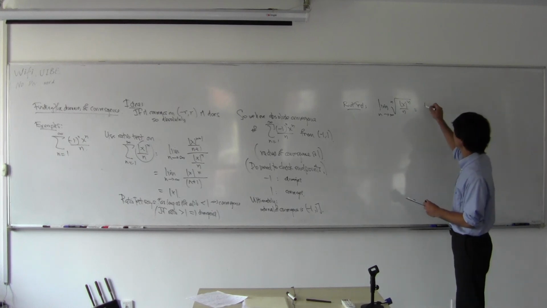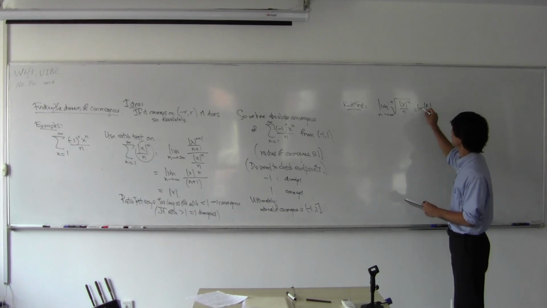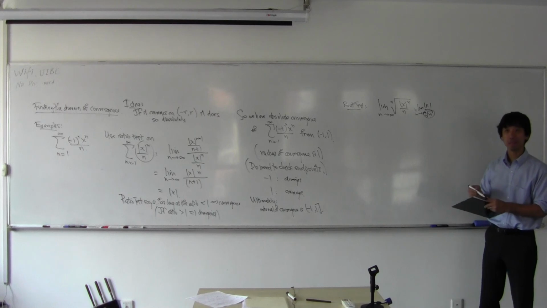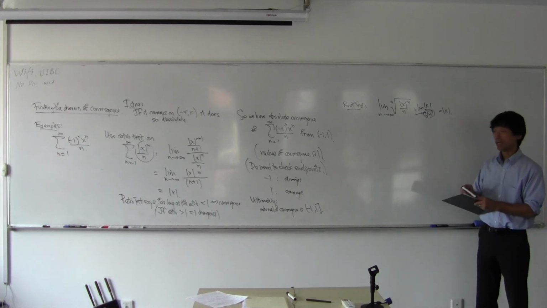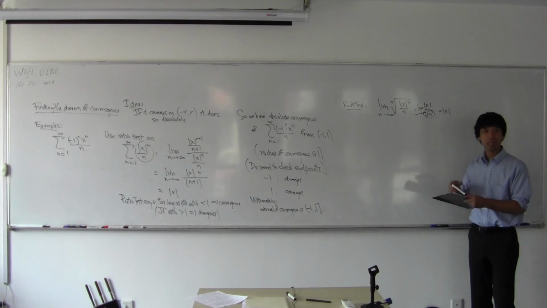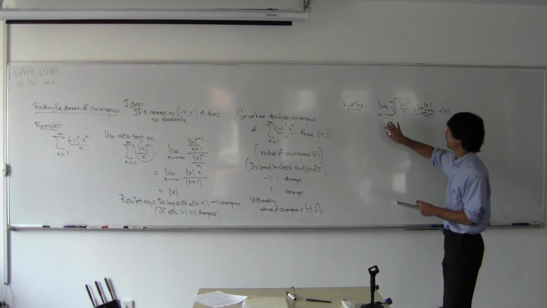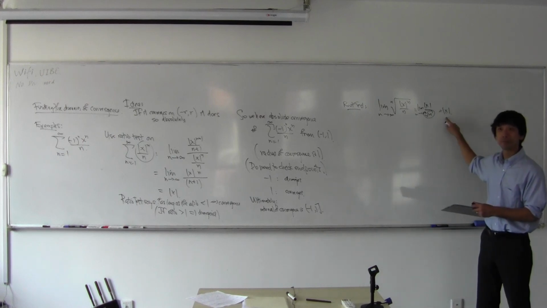You get absolute value of x over the nth root of n, right? As n goes to infinity, what happens to the nth root of n? It becomes 1, right? So we end up with the absolute value of x again, and again you get the same thing, right? This converges, so the root test tells you that the series converges if this is smaller than 1, right?